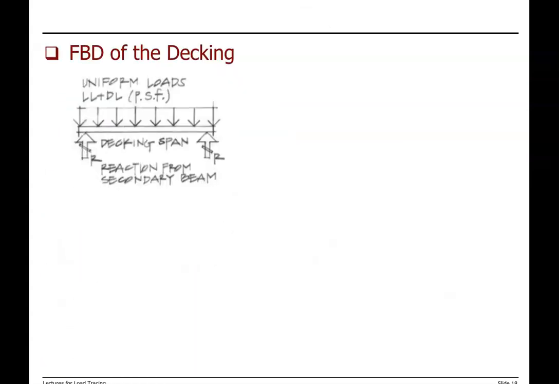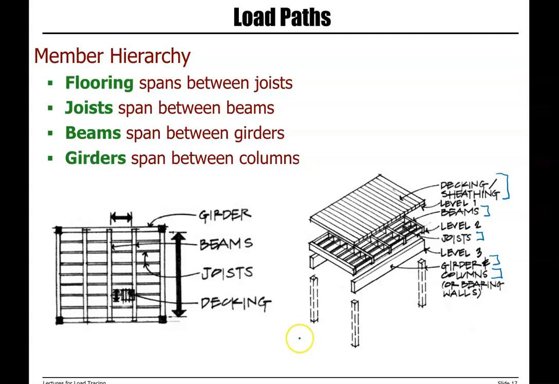As I mentioned earlier, in order to perform the load tracing analysis for the structurally stable examples that we have, we will use free body diagrams, FBDs, and equations of equilibrium. So let's look at the free body diagram for the elements that we have in this plan. We start with decking and sheeting.